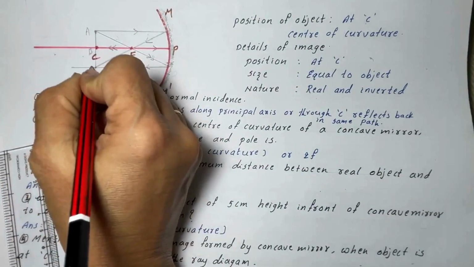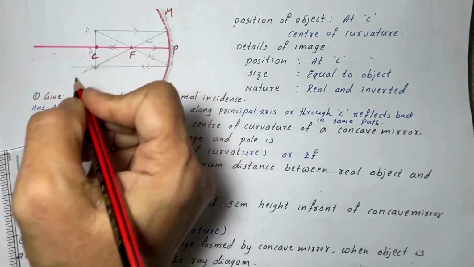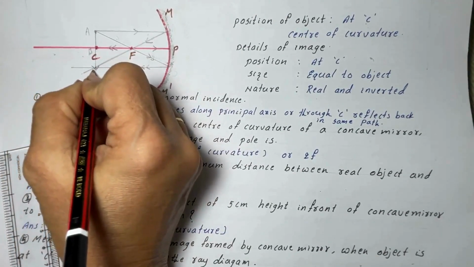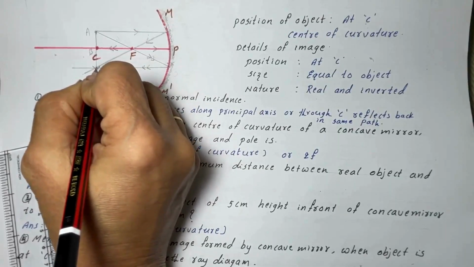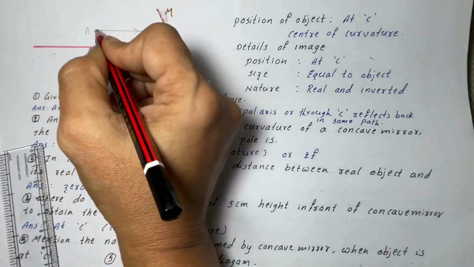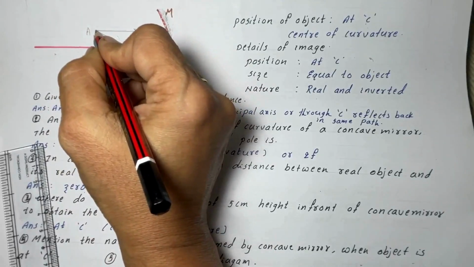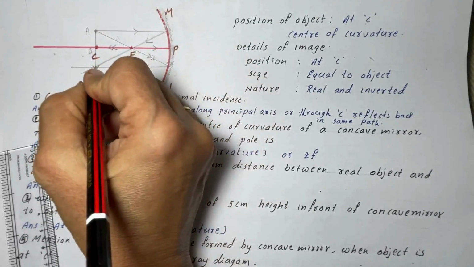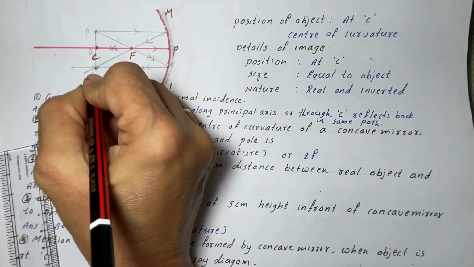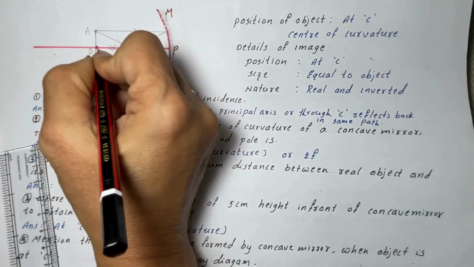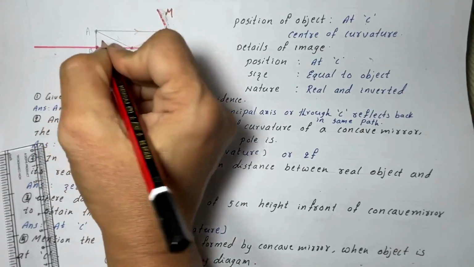This is the image, and this point is the image point of the rays which are coming from the top of the candle. So this image of the candle top appears at this point and the bottom appears at this point.